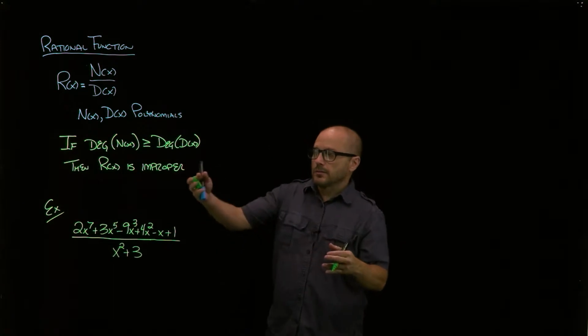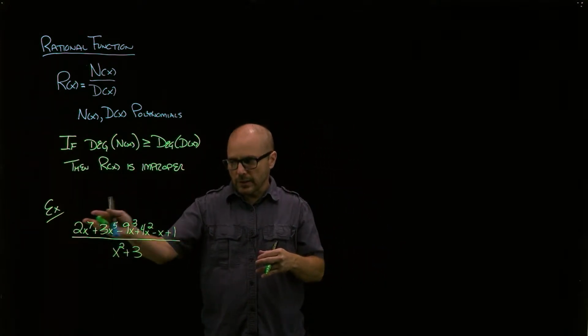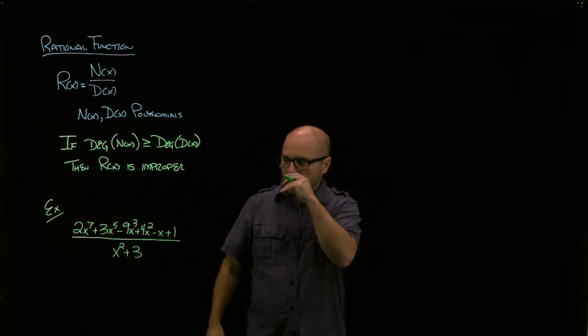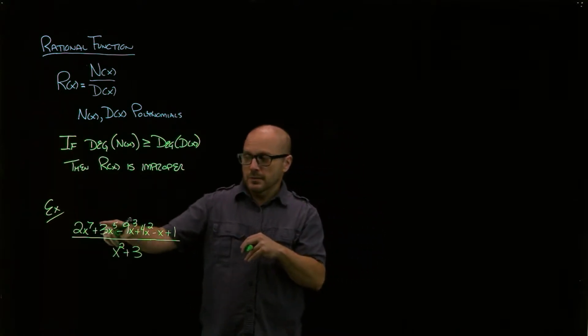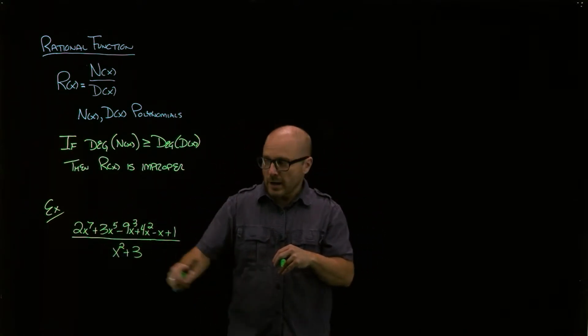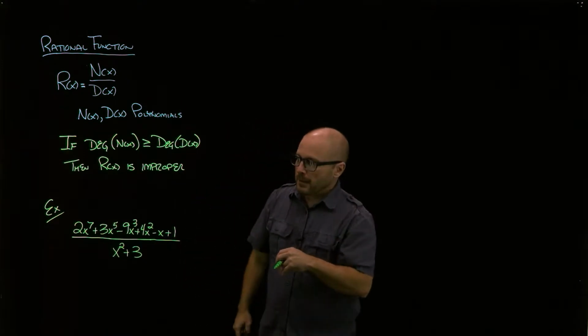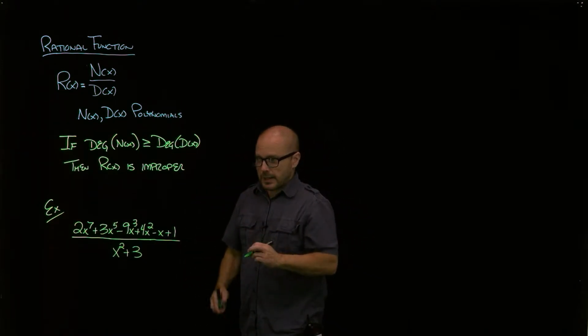So it's a rational function, a rational expression of polynomial over polynomial. That degree on top is greater than or equal to that degree on bottom, a 7th degree over a 2nd degree. So we should be able to do division and reduce that down.